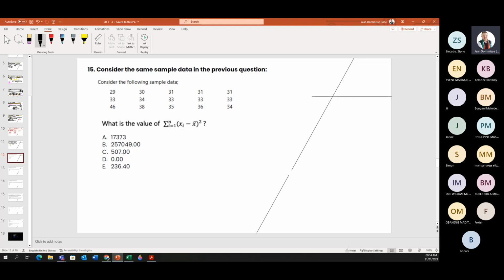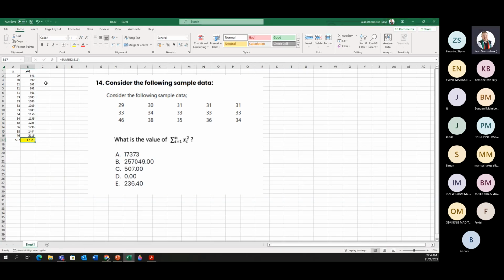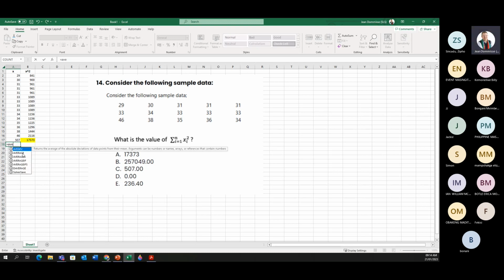So again, if we didn't have this, you would have needed to, if you have a scientific calculator, it's easy because you can go and ask it to work it out. And just that is sum.